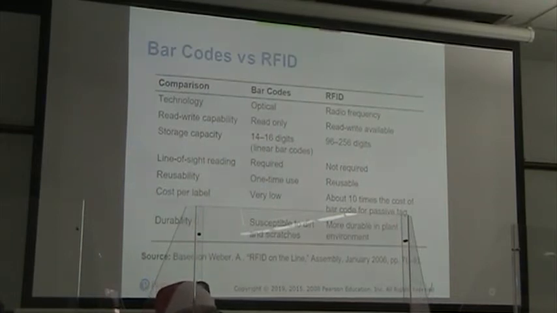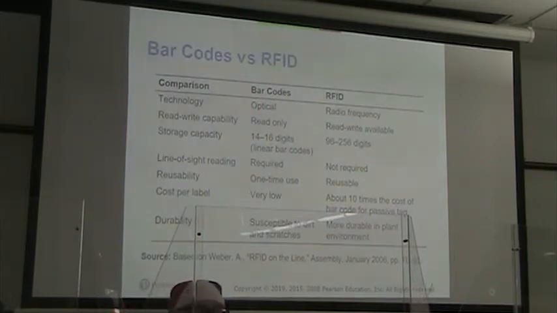All right, so this compares our barcodes versus RFID. Our technology: barcodes are optical, and RFID is radio frequency. Read-write capability: barcodes are read-only, whereas with RFID read-write is a possibility.